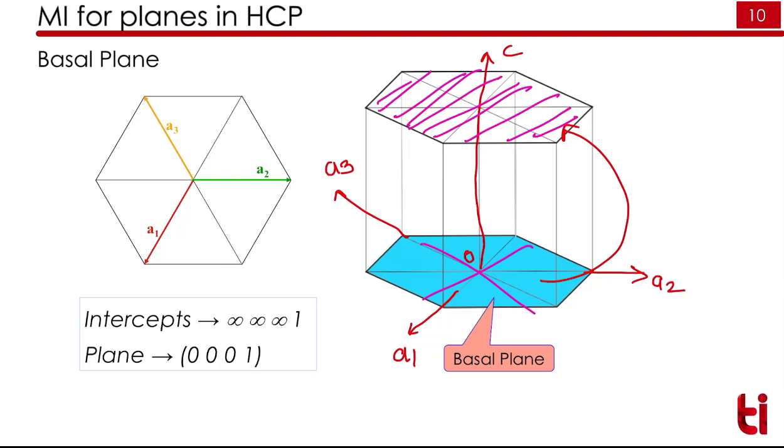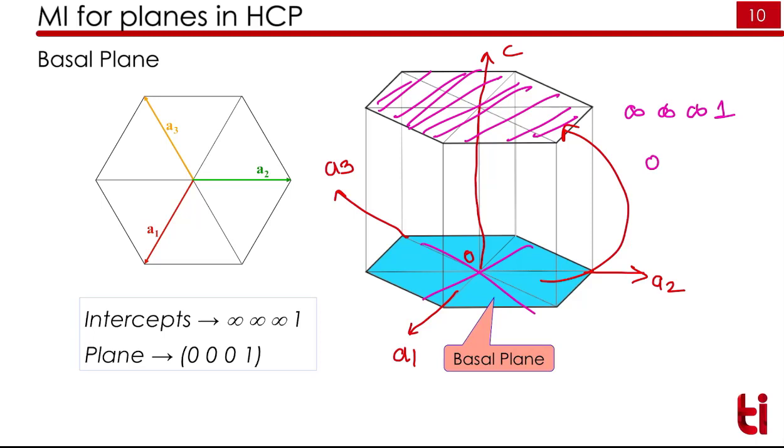For this plane in the pink color, the intercepts are infinity on A1, infinity on A2, infinity on A3, because that is parallel to all three axes, and 1 on C. It has an intercept on C at 1 unit distance.